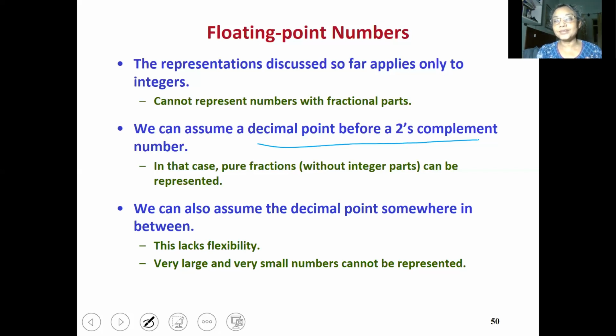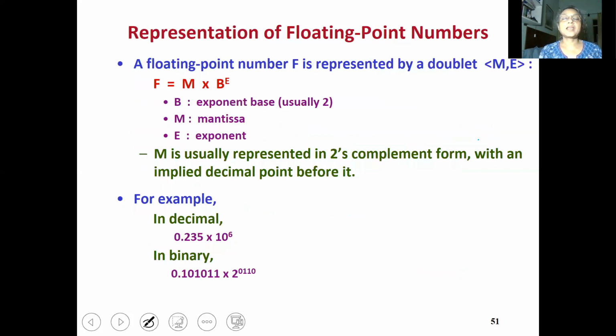So it restricts the magnitude of the number that we can represent. So we adopt something called the mantissa exponent method to represent floating point numbers. We will conceptually discuss this representation, but we will not talk about a particular representation.